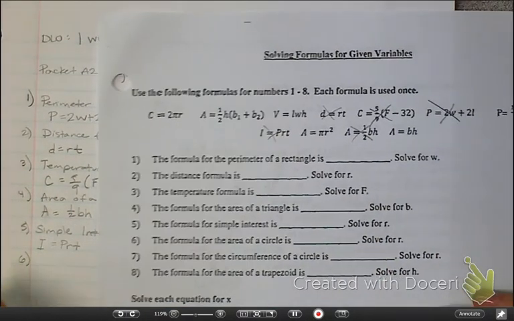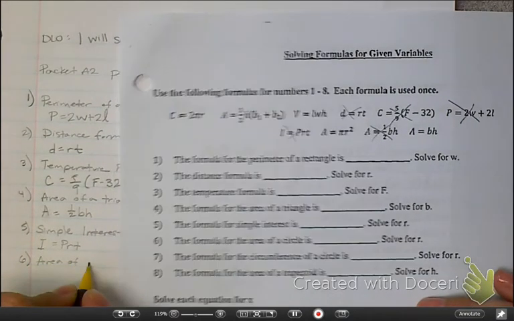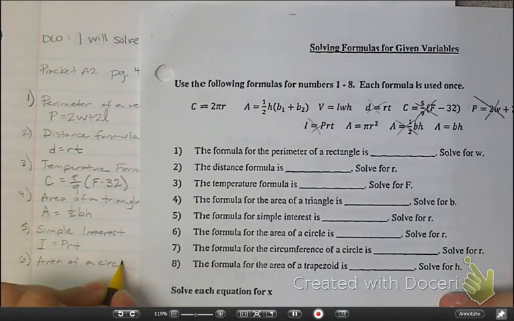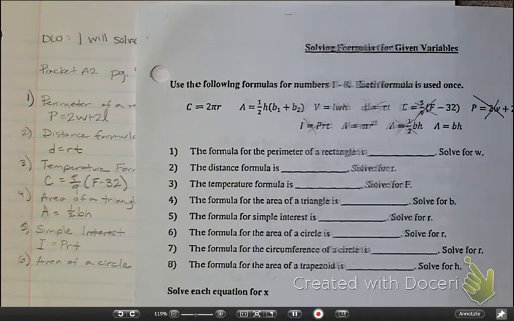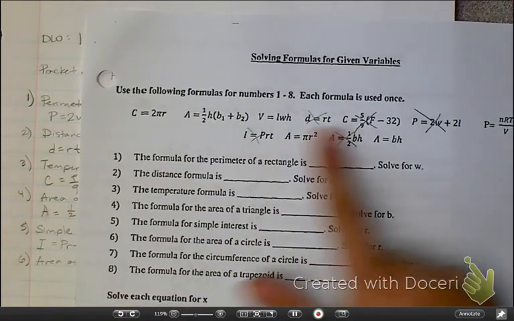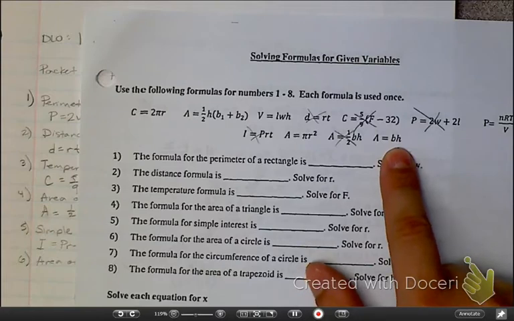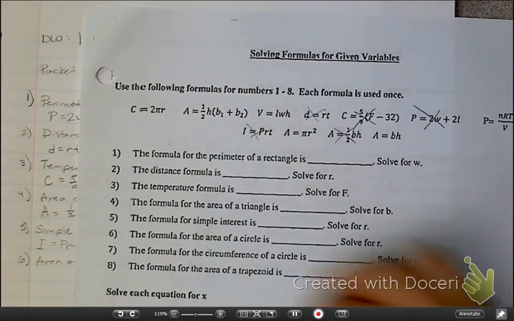All right, number 6, we're almost done. The area of a circle. Again, I know it has an area, so I'm looking for A. Here's an A, here's an A, and here's an A. A circle doesn't have a base or a height, so I don't see us using the ones that have B's and H's in them.